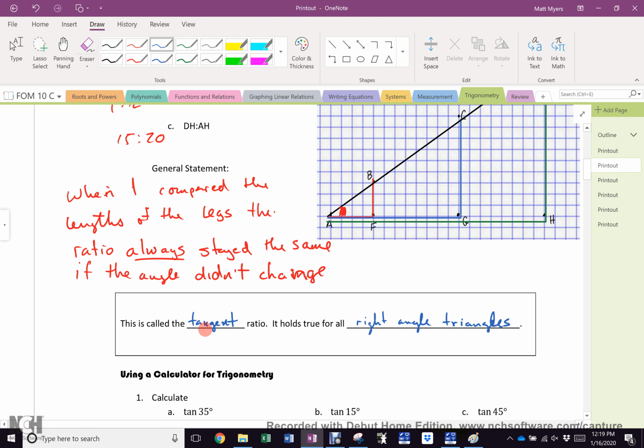Everybody good? So the tangent ratio specifically compares the legs only. Then in nice big letters, no hypotenuse. Or, of course, hippopotamus. Everybody good?